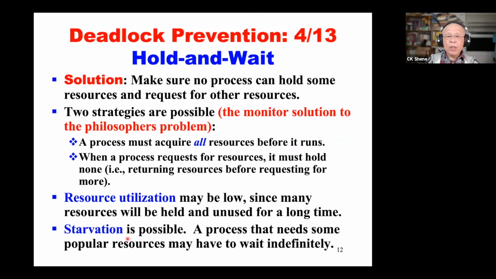And starvation is possible. A process that needs some popular resource, say a printer, may have to wait indefinitely. So this is the meaning of a solution to the hold and wait condition. Not very feasible, but indeed some older systems did use this strategy.